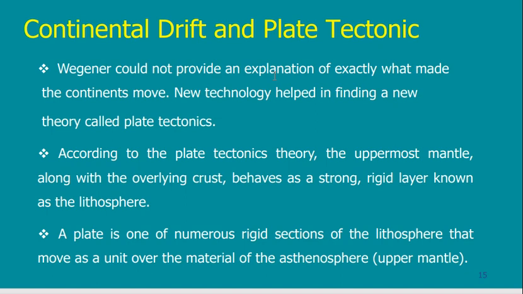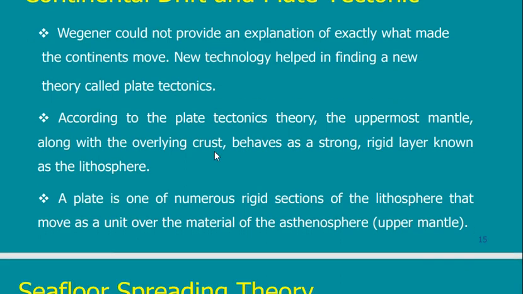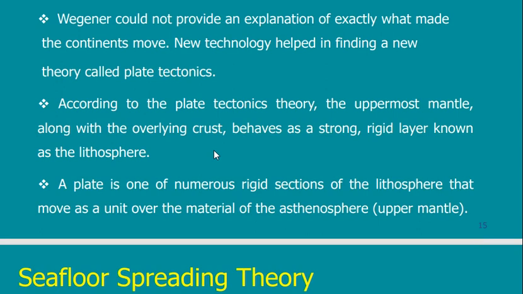He did not have the time to say this, but new technology helped in finding a new theory called plate tectonics. What he presented was enough for us in the future to reach something called plate tectonics and study the movement of these. We will see one of these theories that describes the drift.